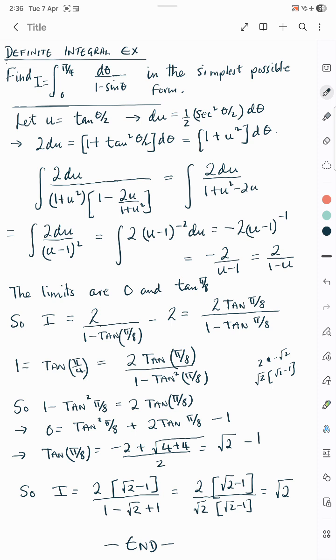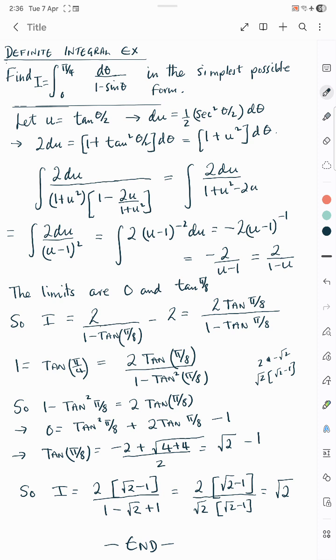I haven't used the negative square root because we know that tan pi upon 8 has to be a positive quantity.